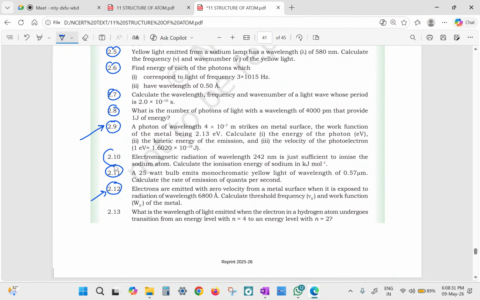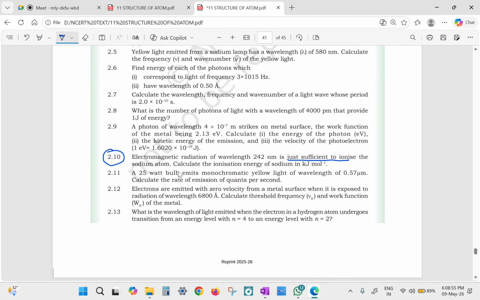See, 2.10. Look at this. Can I apply the same Bohr's equation to calculate this? Electromagnetic radiation of the wavelength 242 nanometers is just sufficient to ionize sodium atom. Calculate the ionization energy.